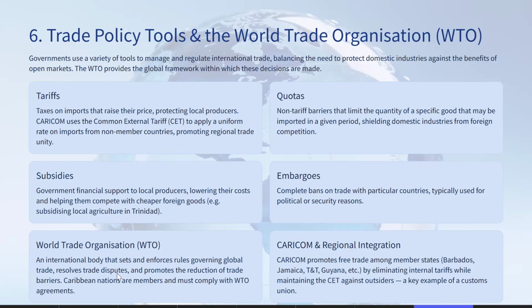Right? The World Trade Organization will create a framework under which embargoes are allowed. They're the ones that will enforce these rules and stuff. If they have any disputes, they will go to the World Trade Organization and they would settle the disputes.